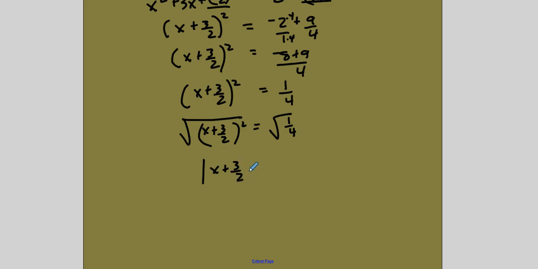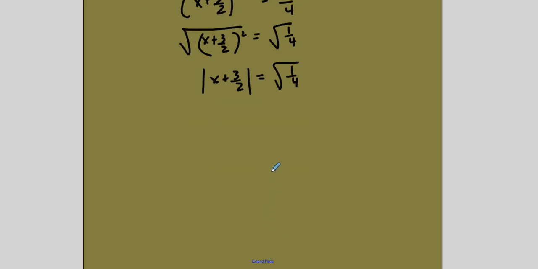So I have the absolute value of x plus 3 halves equals square root of 1/4. Okay, I'm going to wait to simplify that. I'll do that in a moment. So now when I remove the absolute value signs, I have x plus 3 halves equals plus or minus the square root of 1/4. So now I am isolating x on the left side, so I subtract 3 halves from both sides.